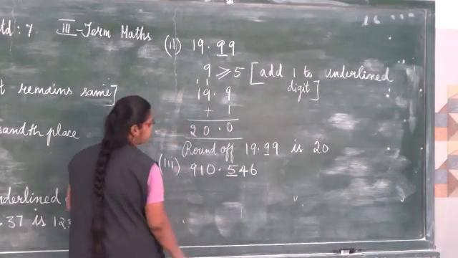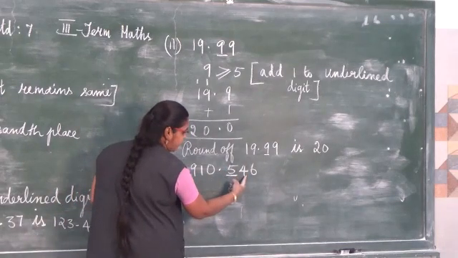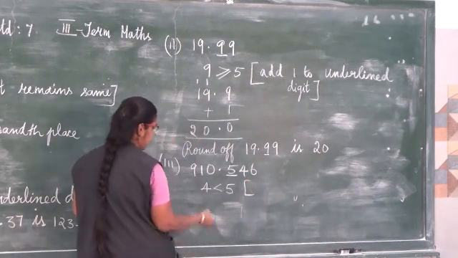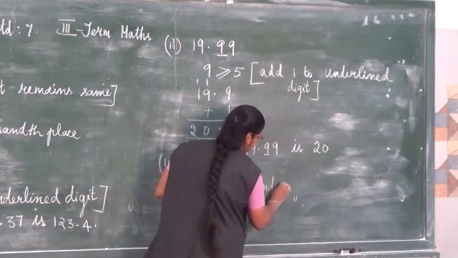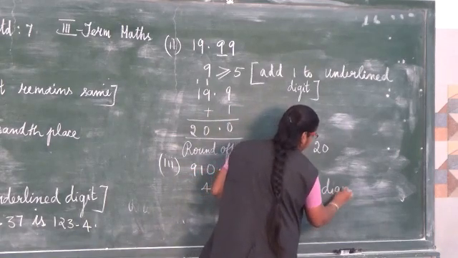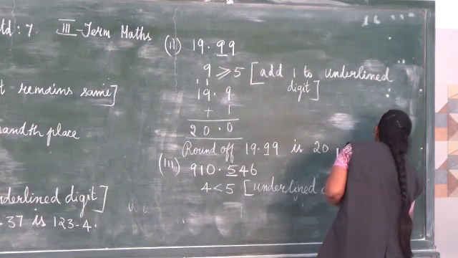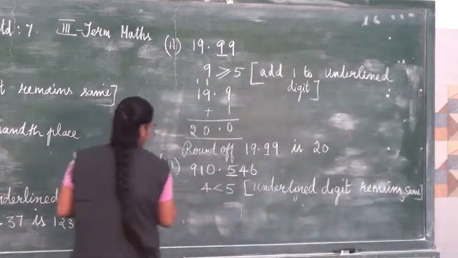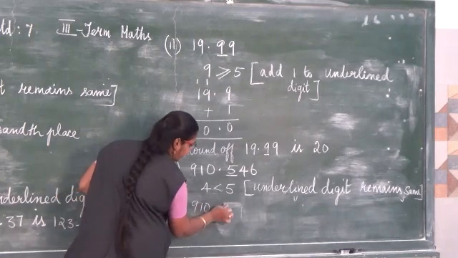After underlining 5 we take the next number. 4 is less than 5, so the underlined digit remains the same. So 910.5 is the answer.